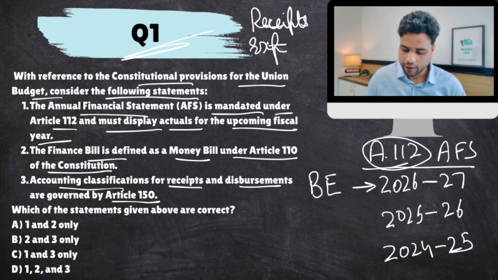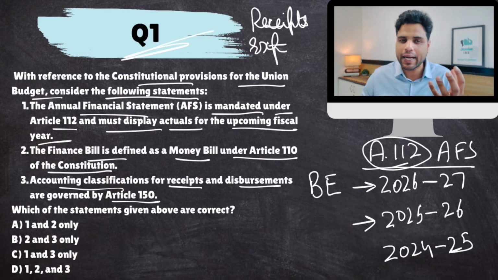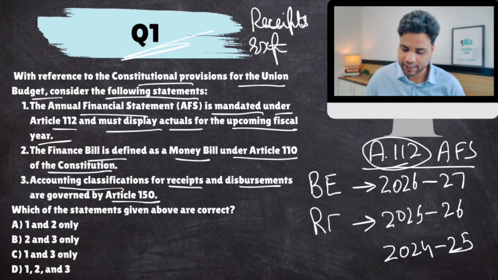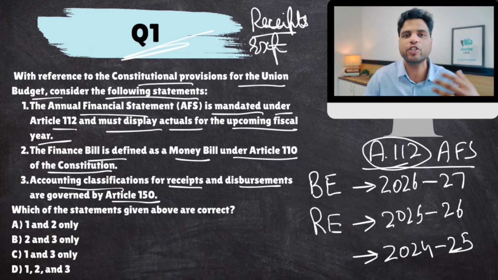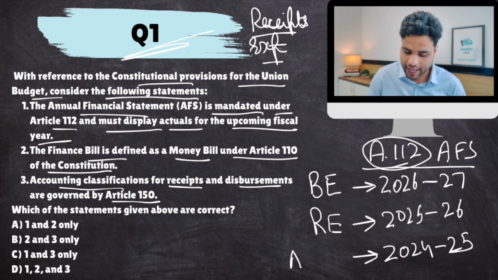For the current financial year, though the year is not over yet, the government has some idea with respect to the estimates. That is given by the Revised Estimates. And for the previous financial year, all the data has been collected, so the government has an actual idea of how much money it got and how much it spent. These are known as Actuals.